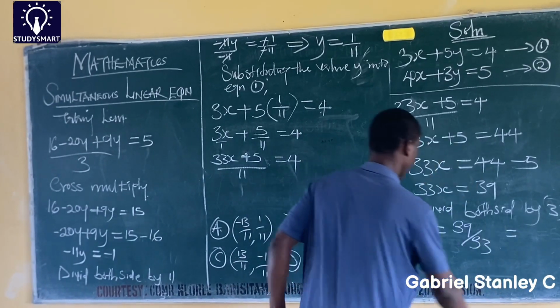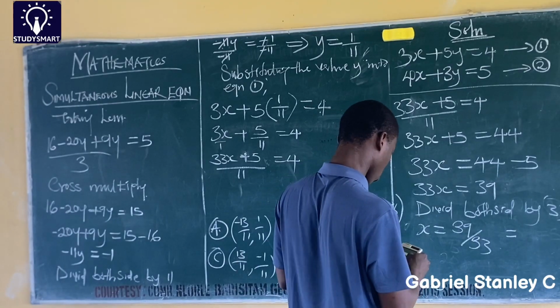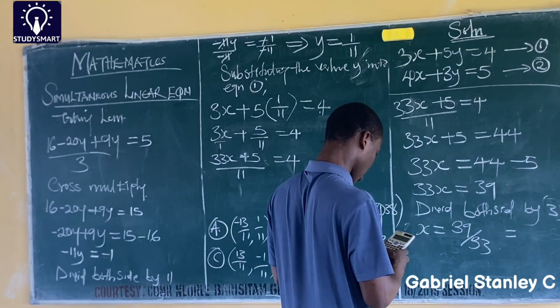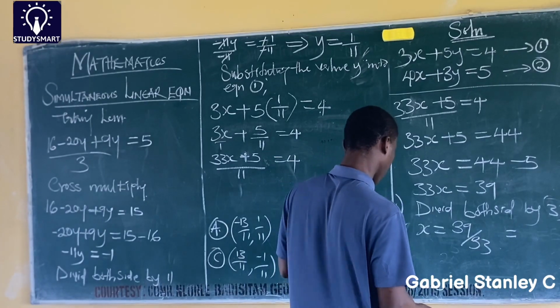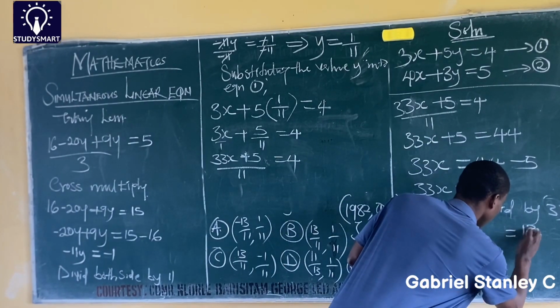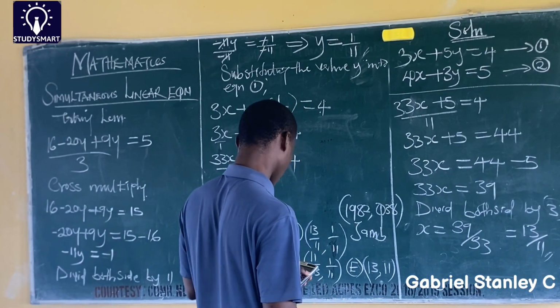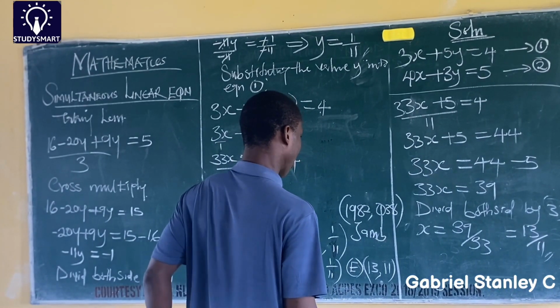If you punch 39 over 33 in your calculator, you have 13 over 11. So the value of x is 13 over 11.